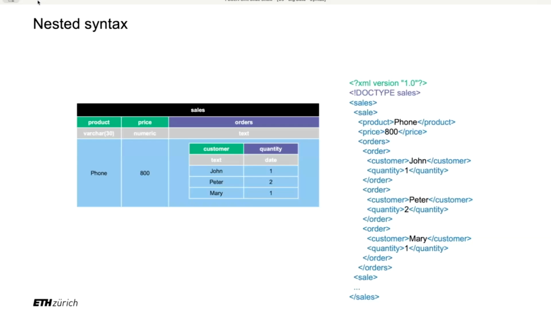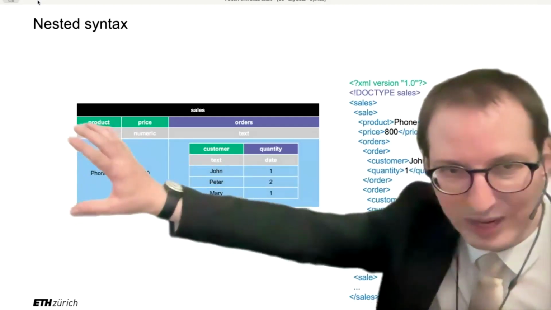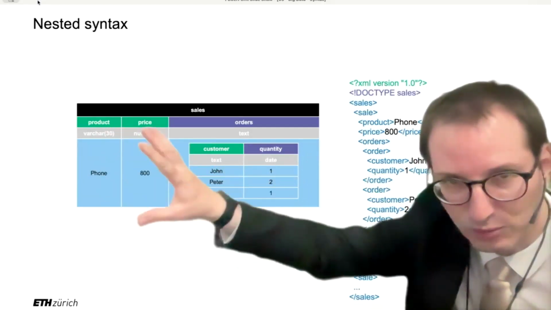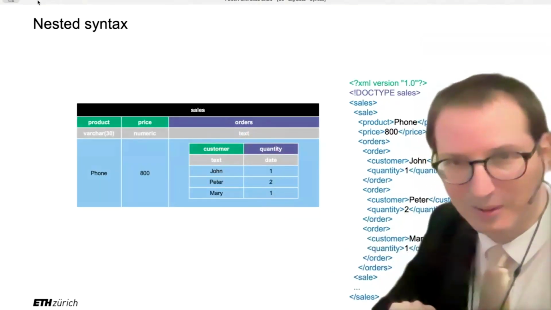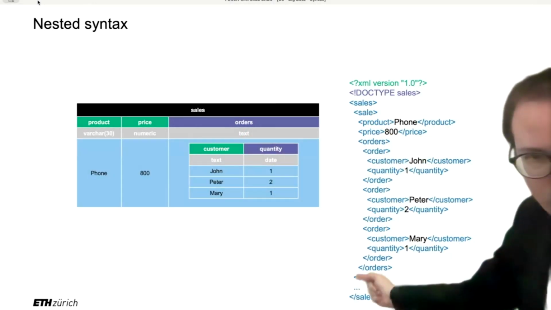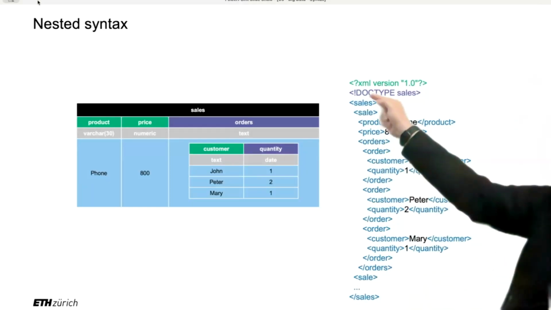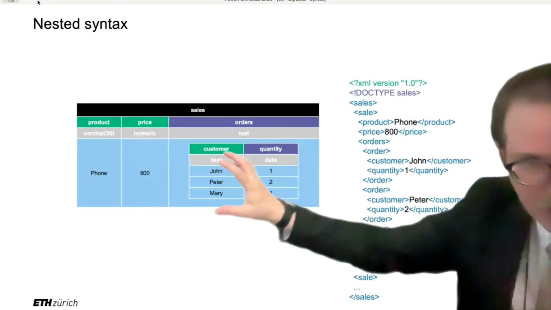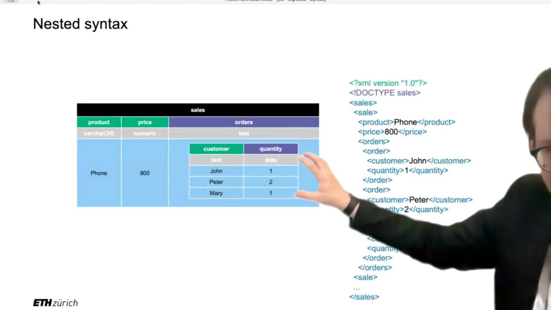Well, in XML we just nest elements. So for one record from that table with a nested table, you see sales, sale, the same thing, and it closes here. So all of this corresponds to this record right here.